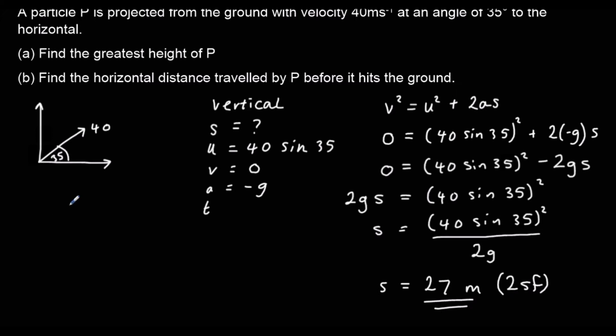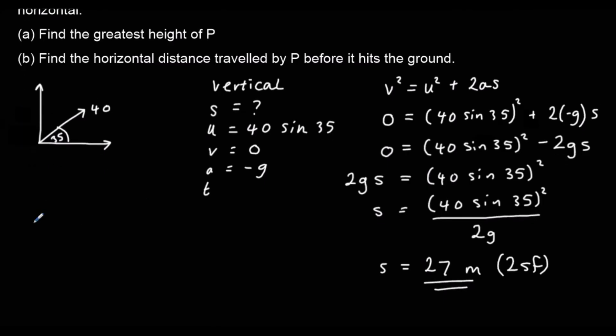Part B, find the horizontal distance traveled by P before it hits the ground. So what do we know about horizontal? We're going to work out the displacement. The initial velocity was 40 cos 35.